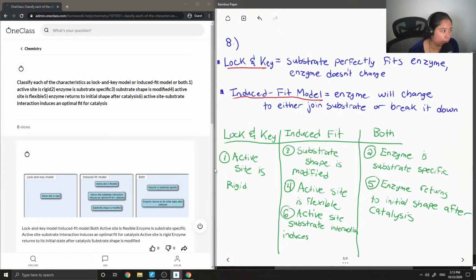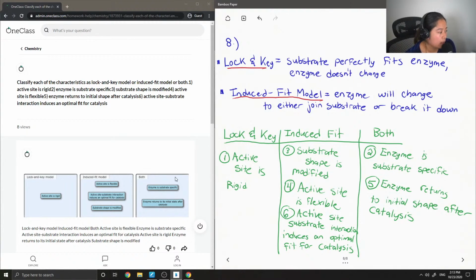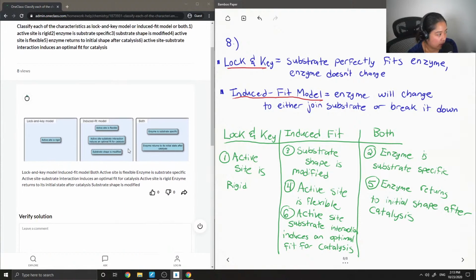Even the word induces is in the sentence. So pretty straightforward question. Let's see the answer from our junior tutor.